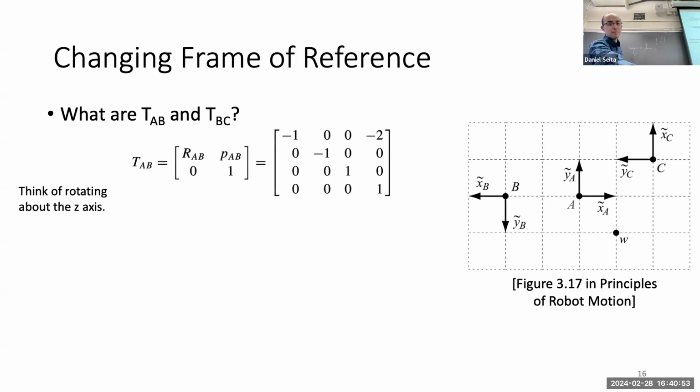What we want is the frame of B with respect to A. So how do you go from A to B here? Basically the -1 for the x and -1 for the y, right? They're like -1, 0, 0, 0, -1, 0. That causes the x to go in the other direction and the y to go in the other direction, which represents that rotation.